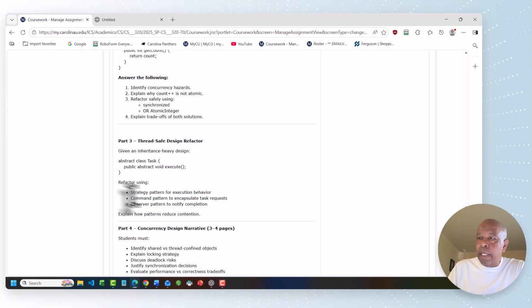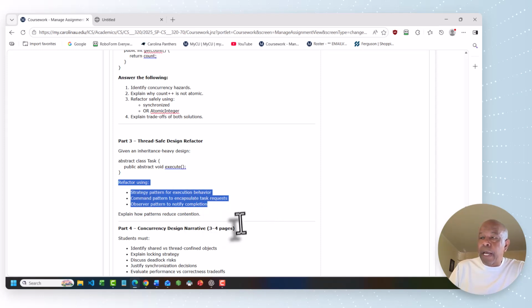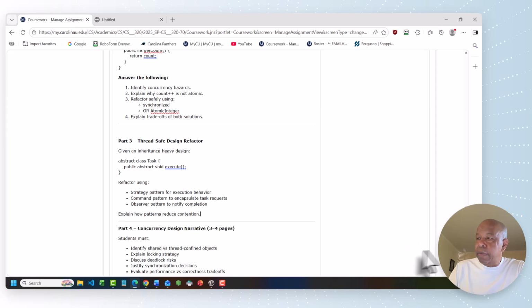Taking that, we want to enhance the processing to include this functionality and explain how patterns reduce contention.